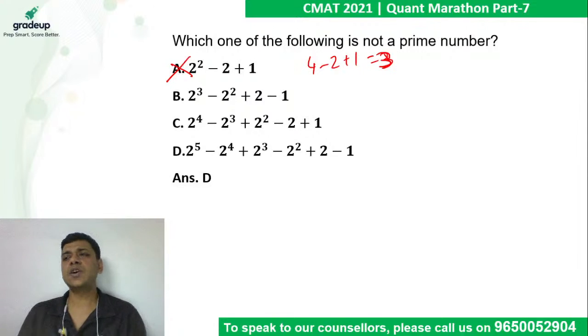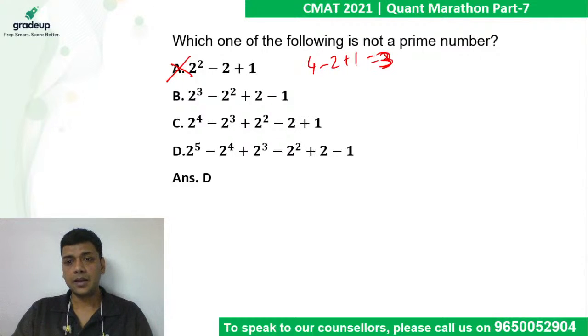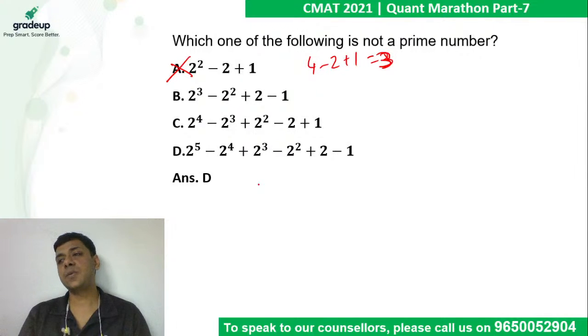Now look at the second option. My second option is 2 cube minus 2 square plus 2 minus 1. Can I say it is 2 cube minus my first option, isn't it?